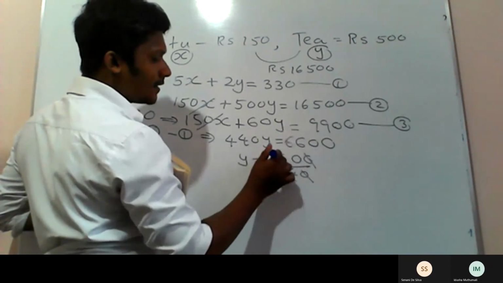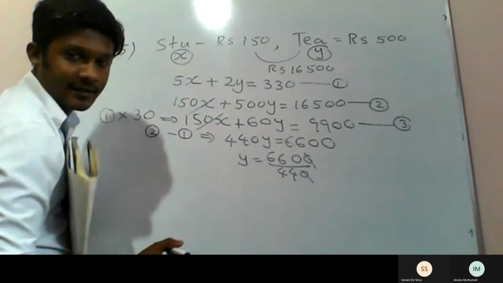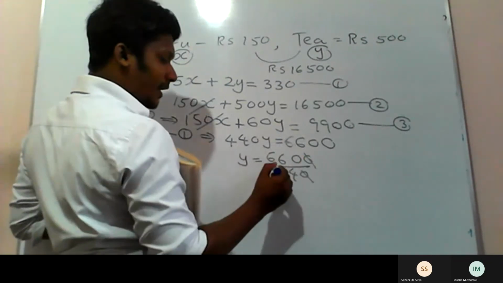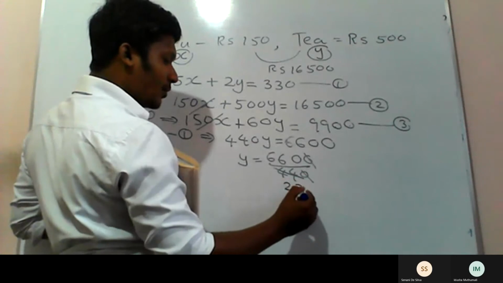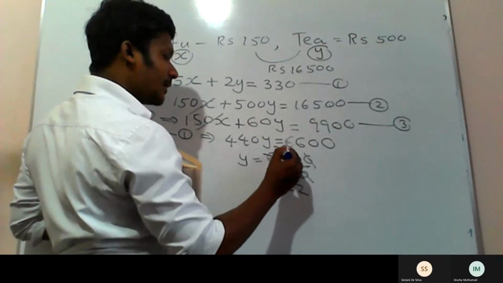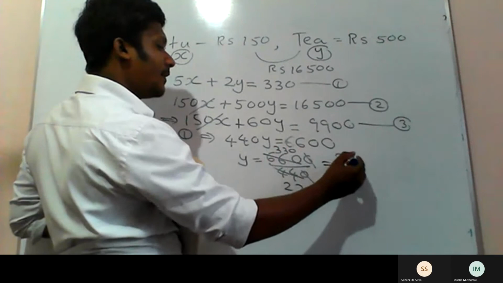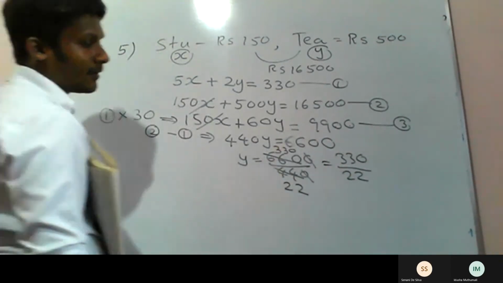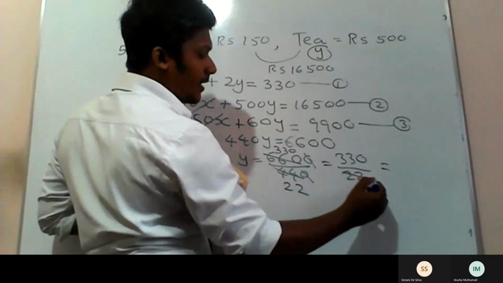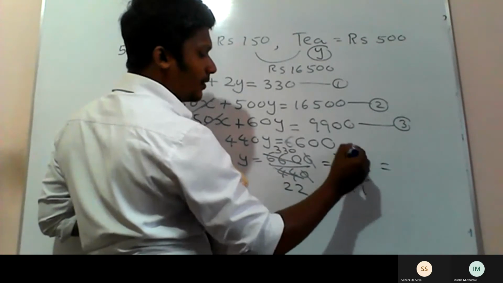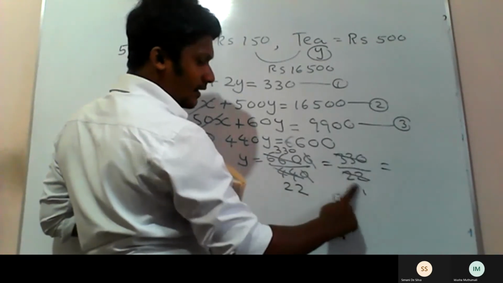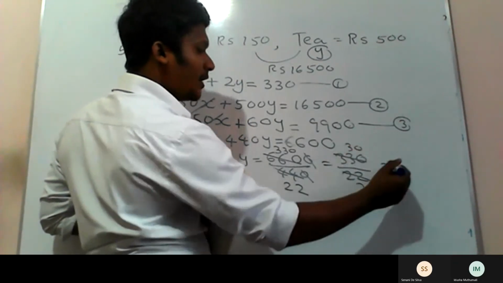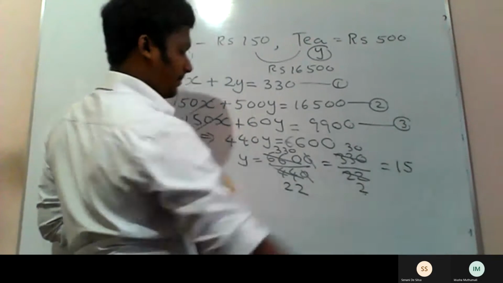So 6,600. 6,600 divided by 440. Yes, we can divide both sides by 2 and 2. Then 330 divided by 22. Divide by 2, 11, and divide by 2, 11. 33 divided by 11 is 3, so 30 divided by 2, the answer is 15.